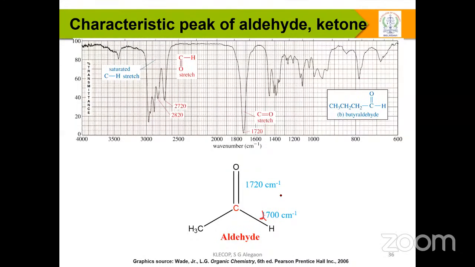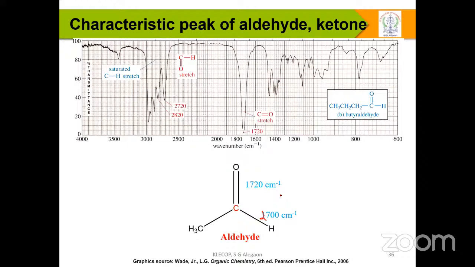The C double bond O stretch is somewhere around 1720 reciprocal centimeter. The characteristic peak is the CH stretch of CHO, the aldehyde CH stretch, which we observe somewhere between 2700 to 2750 reciprocal centimeter.